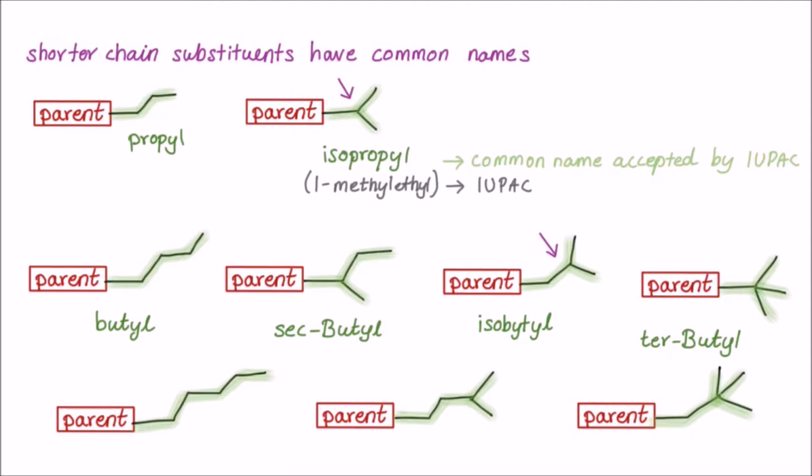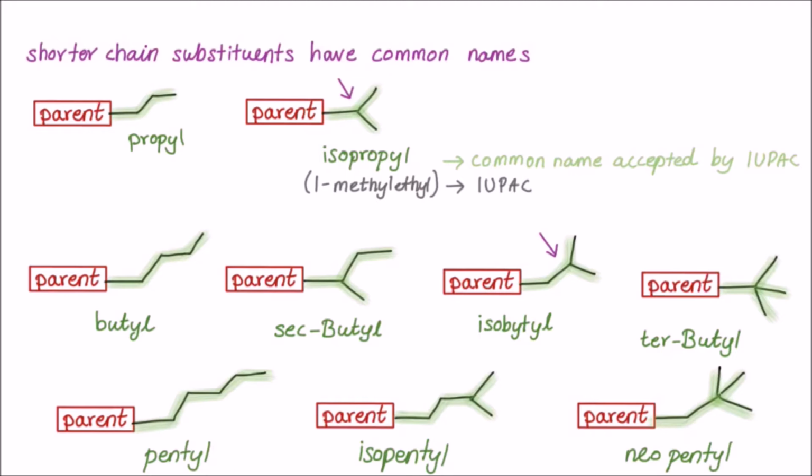And let's look at a few more examples here. We have substituents with 5 carbon atoms. The first one is linear, the other 2 are branched. The first one is called pentyl. Second one is called isopentyl. Again, if you compare the structure with previous iso structures, they all have methyl groups, 2 methyl groups attached to a carbon that has a hydrogen.